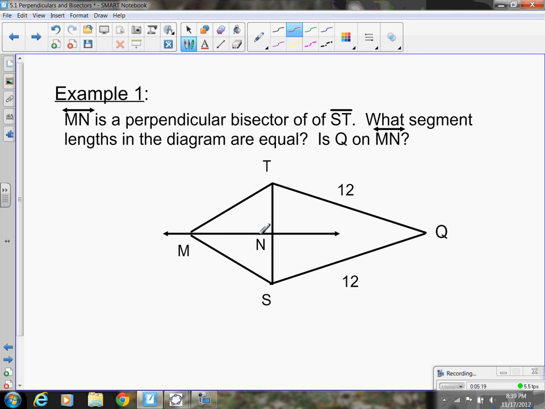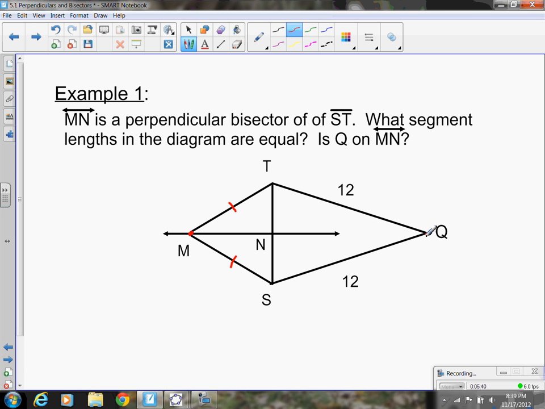Well, if MN is a perpendicular bisector, and we're assuming that point M is on that perpendicular bisector, therefore this segment has to be congruent to that segment. That's that first theorem. Now, also, what do we notice about Q?